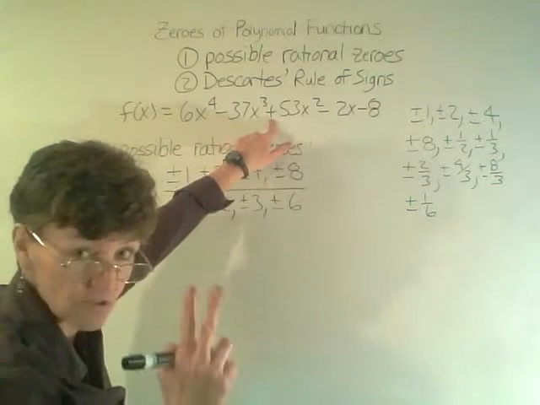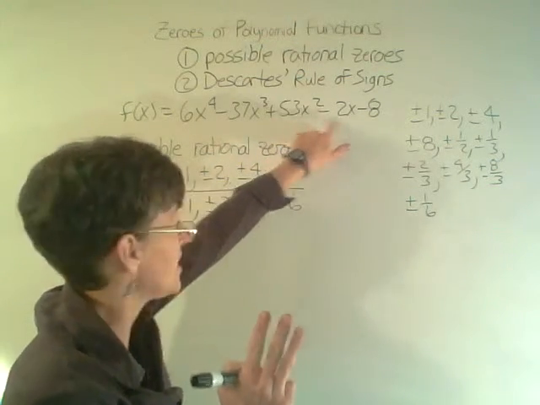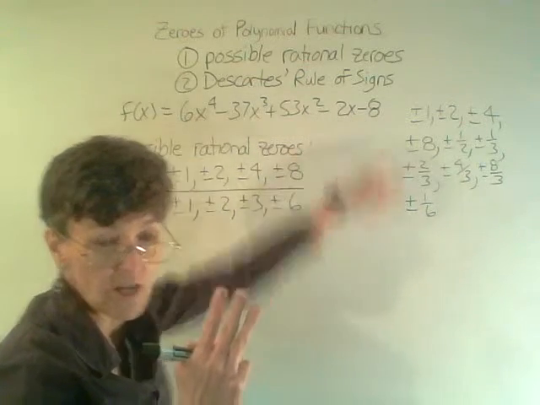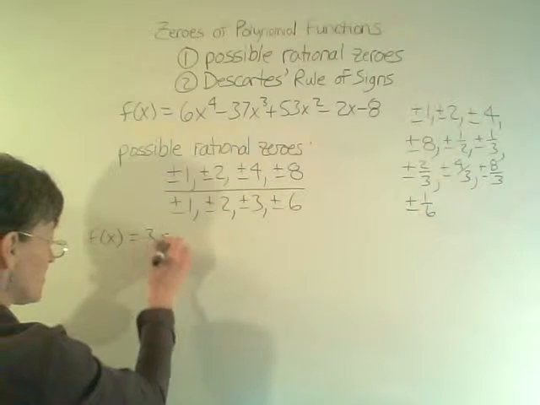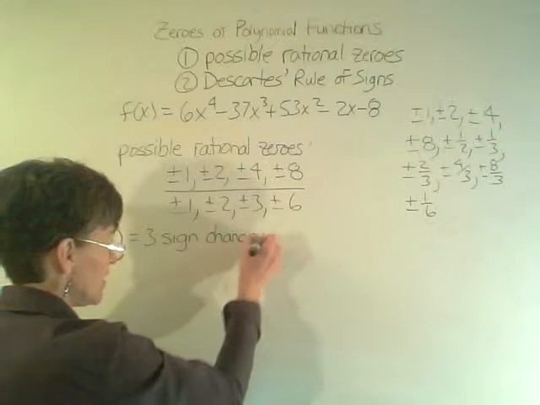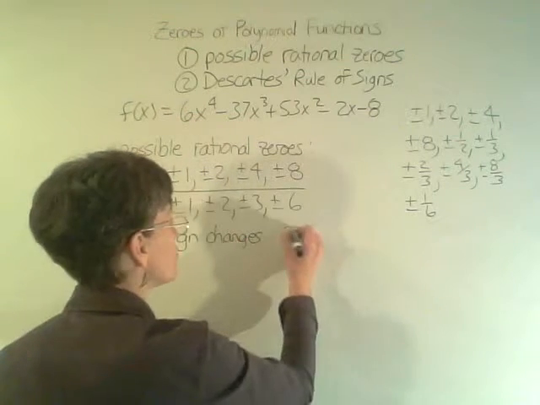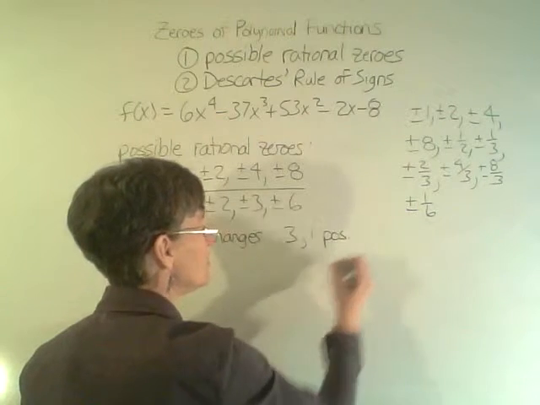Negative to positive, that's 2 sign changes. Positive to negative, that's 3 sign changes. Negative to negative, that's not a sign change. So I have 3 sign changes in my original expression, and 3 sign changes indicate that I have either 3 or 1 positive real zero.